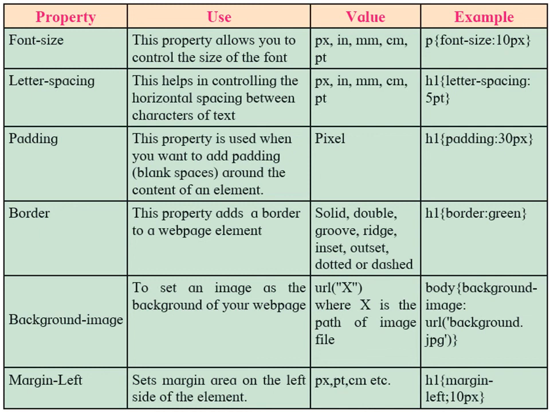The URL should be background.jpg, or if you have the file with you, you can set it, or you can include a URL here. The margin left sets the margin area on the left side of the element: px, pt, cm, and so on. For H1, margin left is equal to 10 pixels.